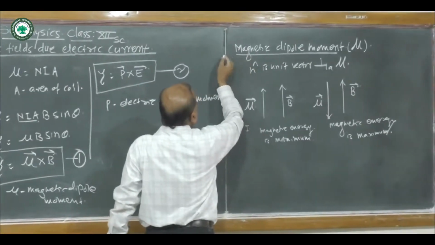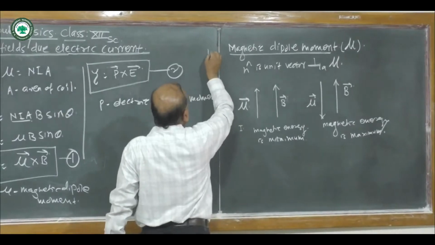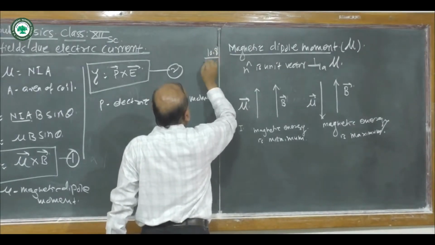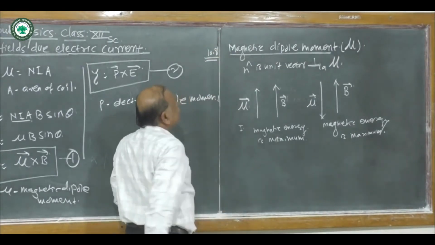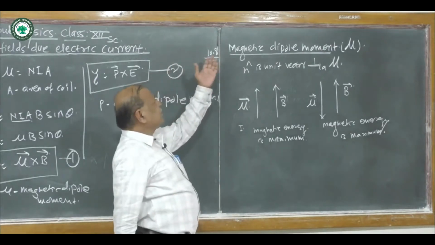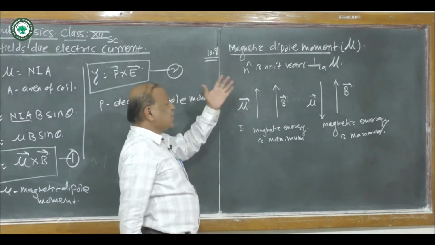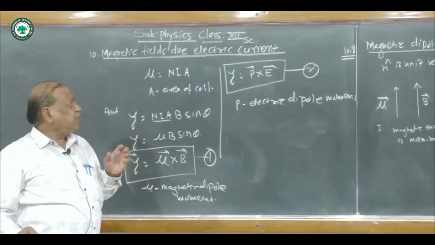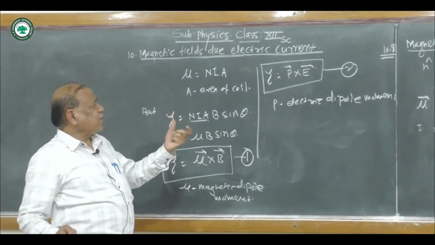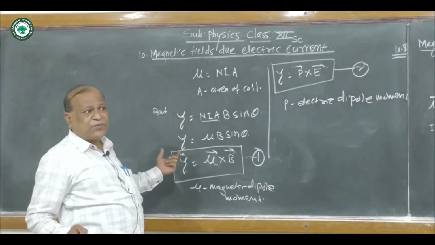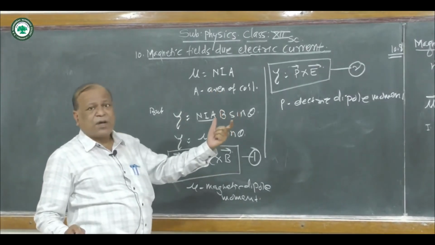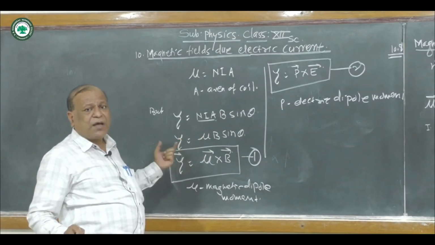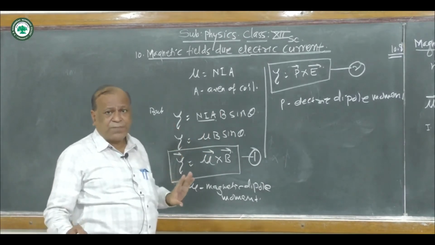And this is the small article, 10.8 according to your syllabus, the magnetic dipole moment. Shortly here we explain the magnetic dipole moment produced by electric field and magnetic dipole moments produced by magnetic field. Okay.